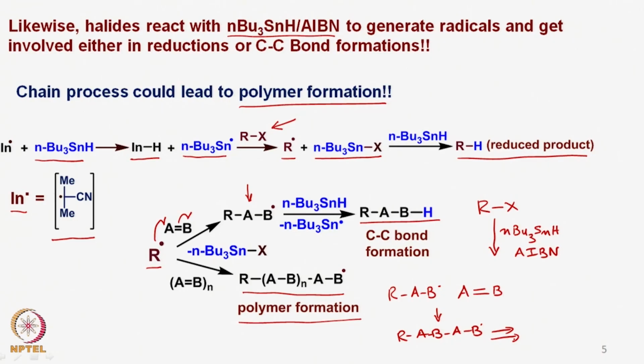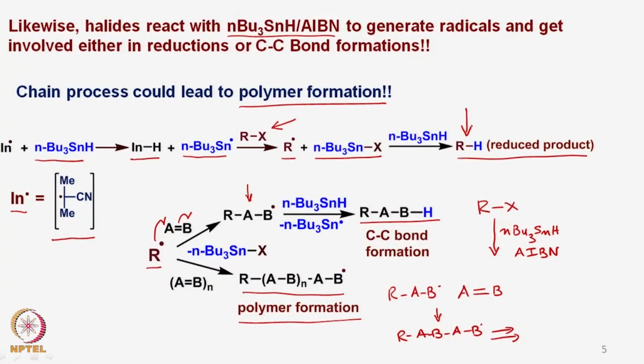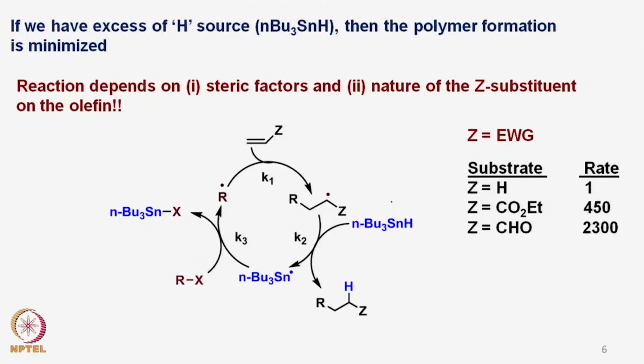But then from the organic synthesis point of view, we also need to have both the alternatives, that is either we reduce the Rx to RH, or we have the stopping of the reaction at this stage when one CC bond is formed. If we have excess of hydrogen source, then the polymer formation could be minimized.